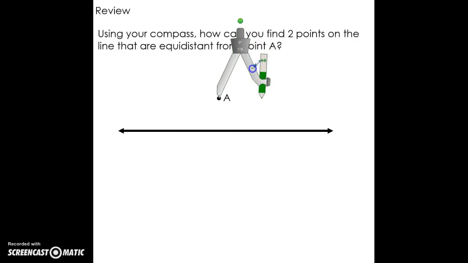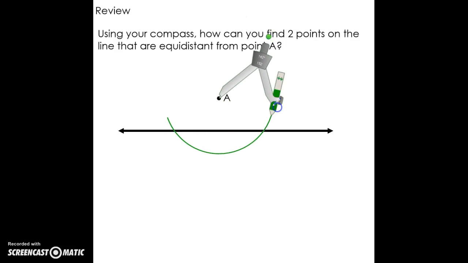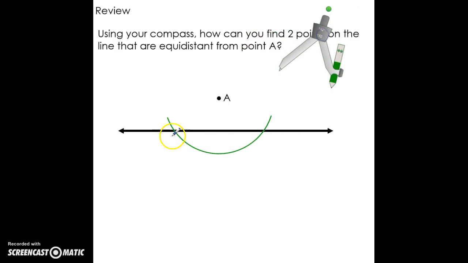And those 2 points where it crosses would be equidistant, or the same distance away from A in both locations. So I don't have to make the full circle to show you that it does cross at 2 points. So here we have an intersection, and here we have an intersection. And because both of those points were created by using the same radius length, they would be equidistant from point A.